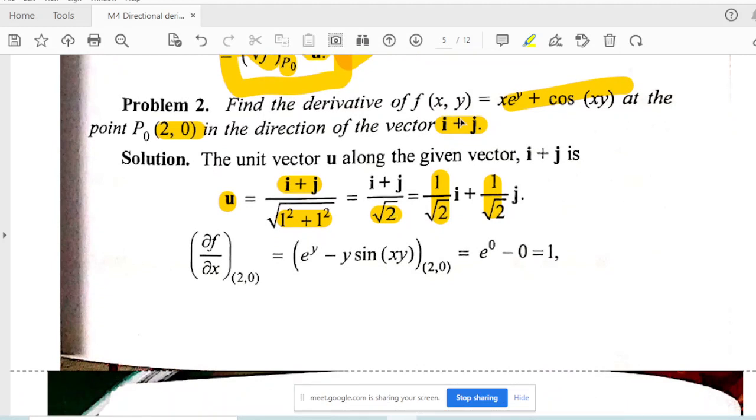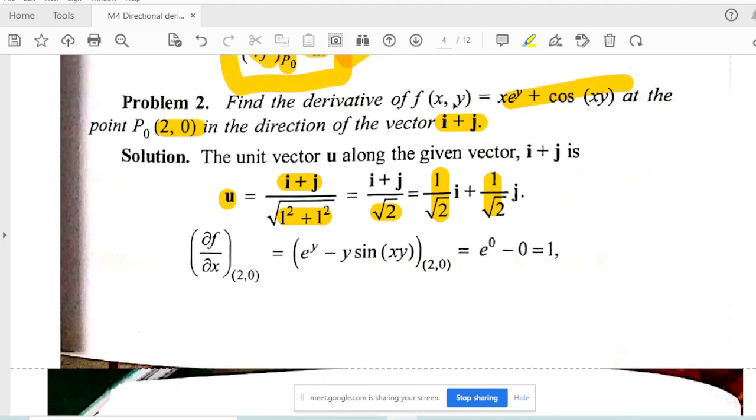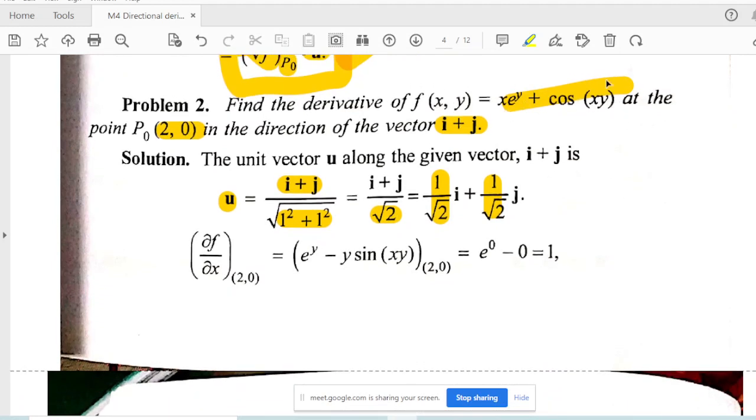So this is our f. Partially differentiating with respect to x, you get e raised to y, and the partial differentiation of cos of xy gives minus y sin of xy, at the point 2 comma 0.